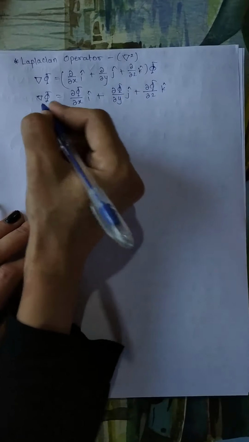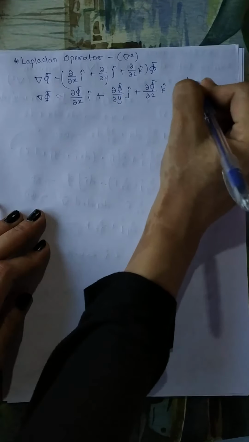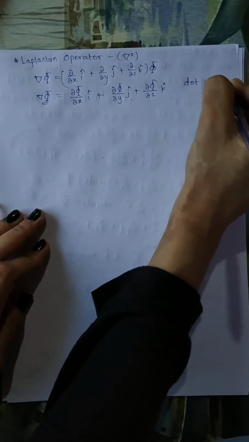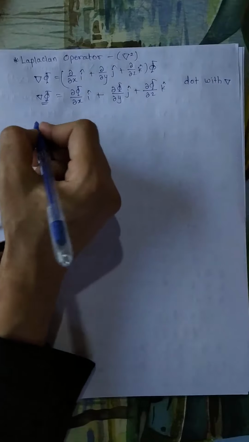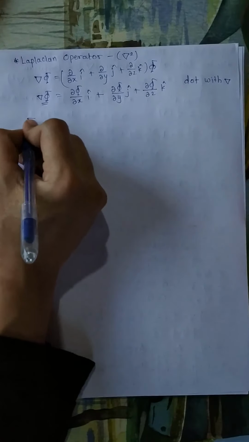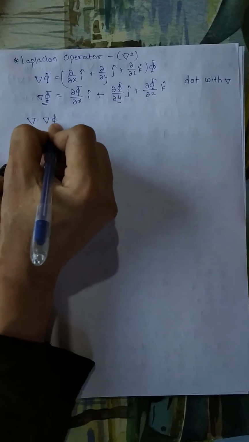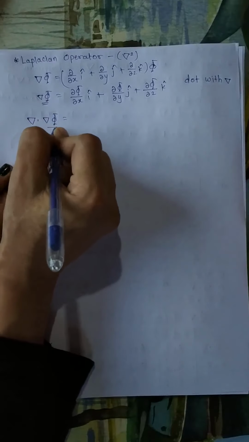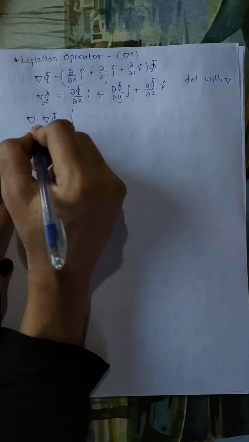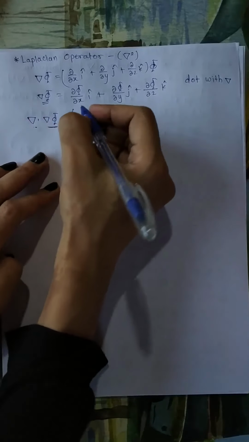Now if we take the dot product of this del phi with del again, we get del dot del phi. So we take the dot product of del phi with del. Now put in the values of both quantities. What is del?